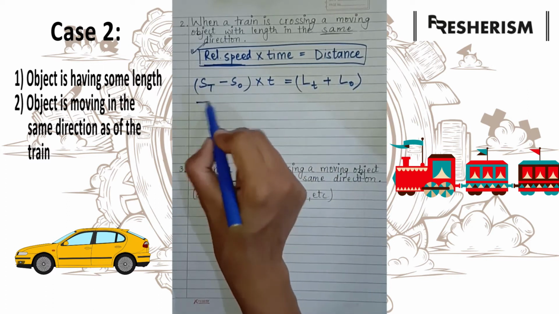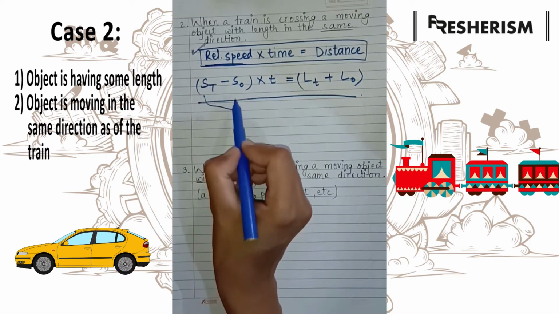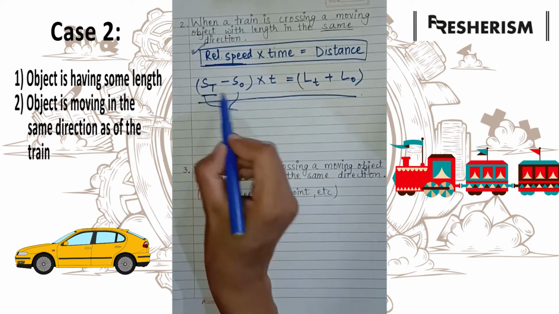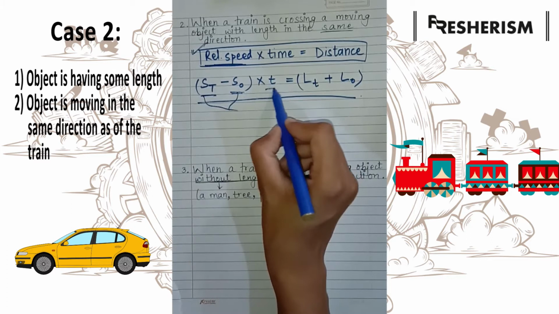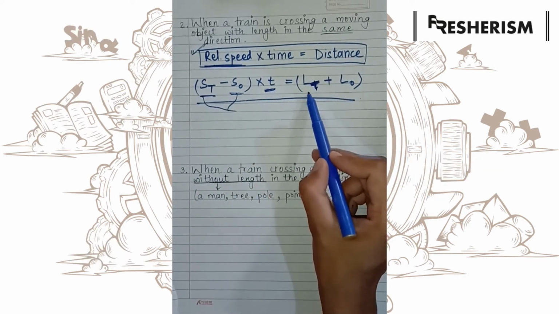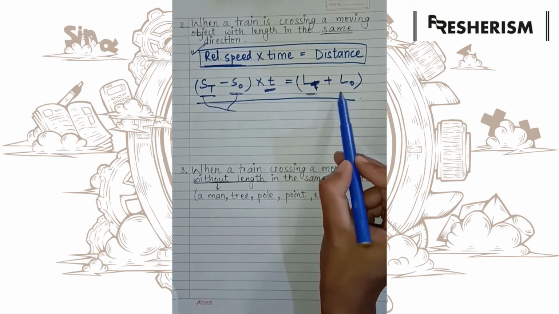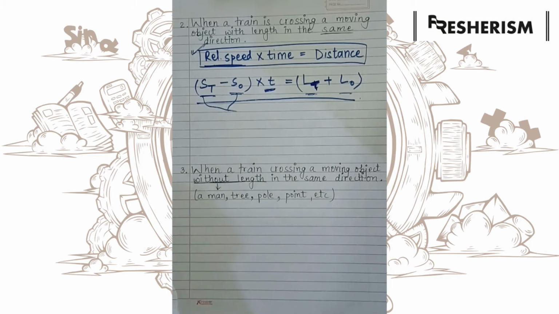So this will be the formula for this particular case. That is, this will be the relative speed, the speed of train minus speed of object. This will be the time taken to cross the object, and the distance covered would be equal to the length of the train plus the length of object.